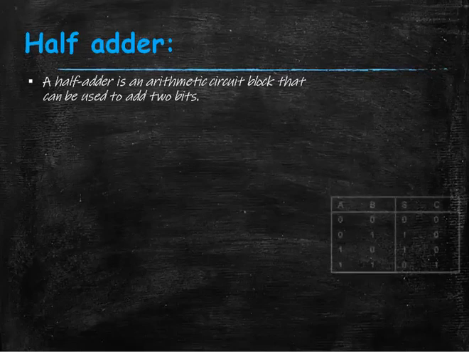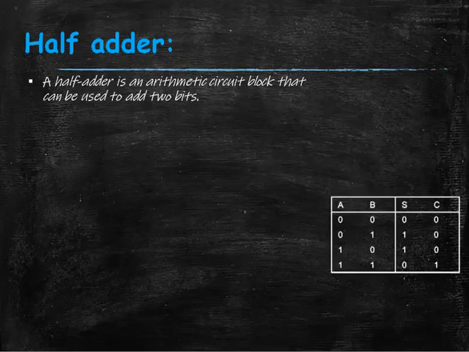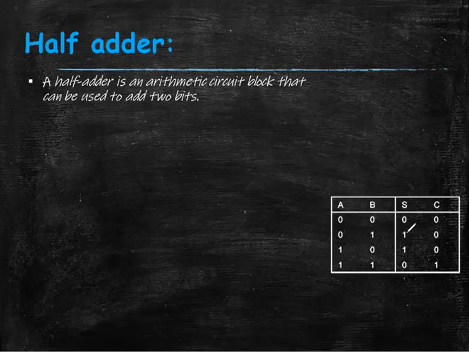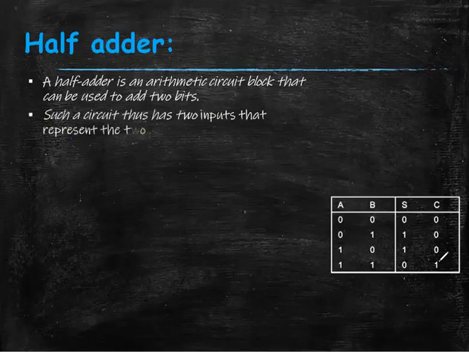Here we represent 0 added with 0, sum is 0 and carry 0. 0 added with 1, sum is 1, carry 0, and 1 added with 0, sum is 1 and carry is 0, and the last one, when 1 is added with 1, the sum is 0 and carry is 1. Then a half adder is used to add 2 bits.